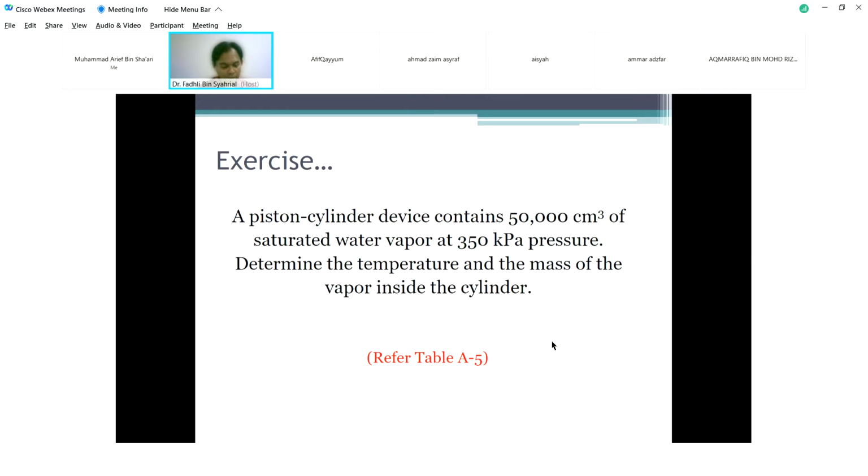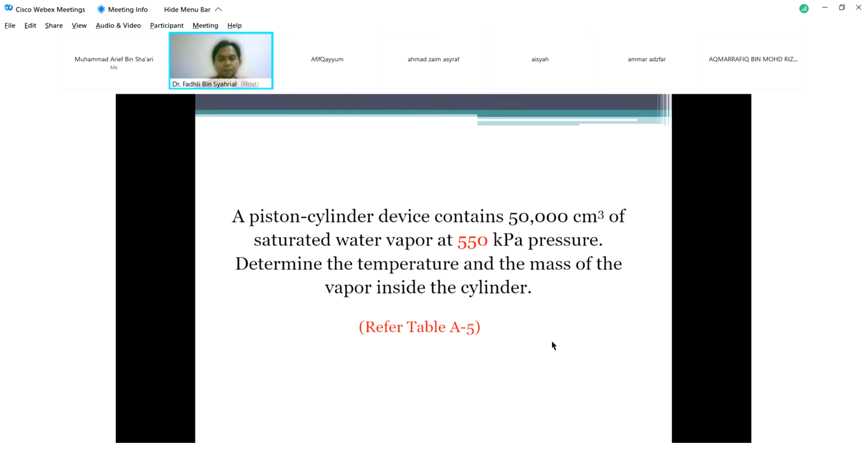Kalau temperature is constant, then you look at table A4 to find any value of specific volume, internal energy, enthalpy, entropy, or even saturation pressure. Table A5, pressure is constant. From the given pressure, for example, 100 degrees C, then you can find another value. Saturation temperature, specific volume, internal energy, enthalpy, or even entropy.